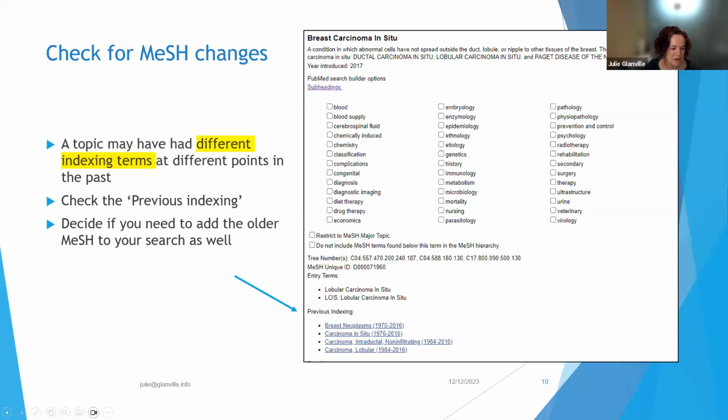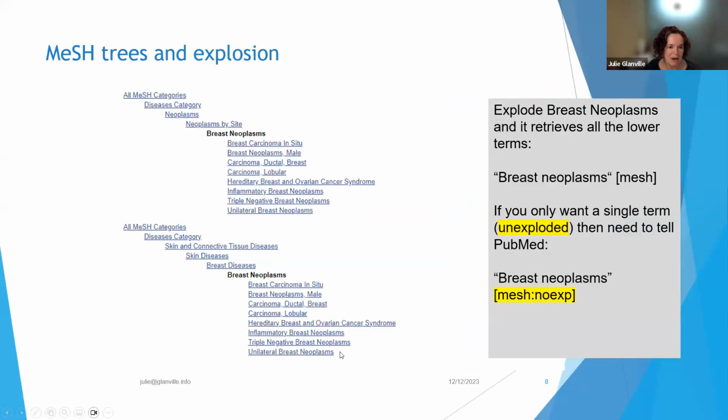Yeah, so unfortunately, if I go back to the MeSH trees, if you decide that you don't want breast neoplasms male, and maybe you don't want carcinoma lobular, what that means is that for the other 6 headings here, you would need to select them individually by typing them in.